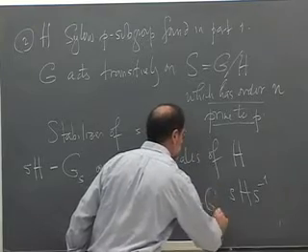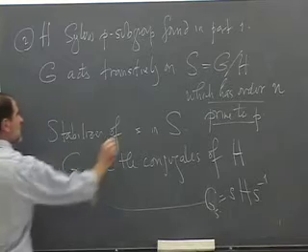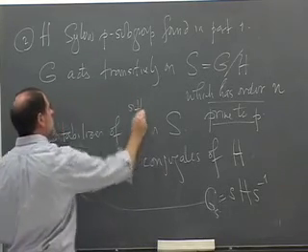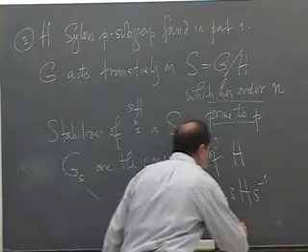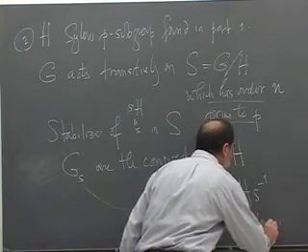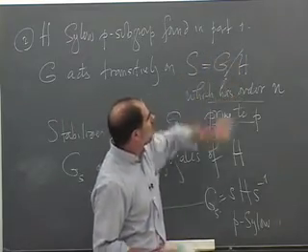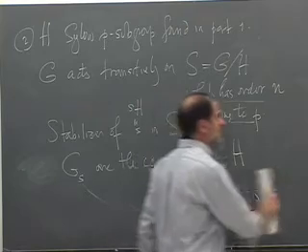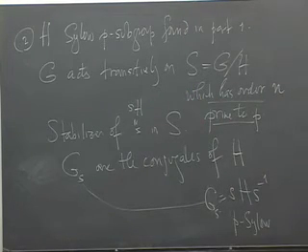G sub S would be this. The stabilizer of that coset would be this conjugate. So that's also a Sylow p-subgroup. And we get all the conjugates of Sylow p-subgroups by taking the stabilizers of points in this action. Okay, now let's see why any p-group is contained in one of these.